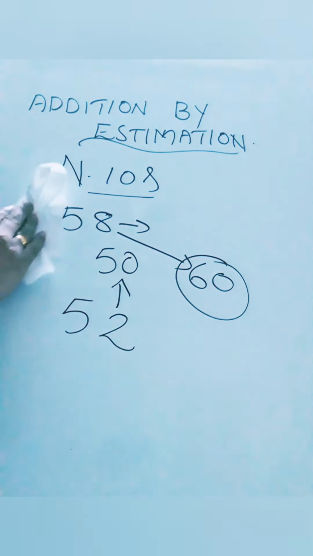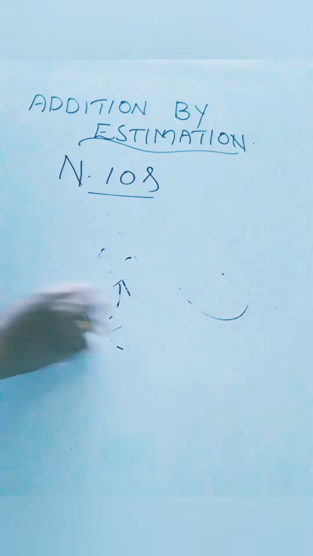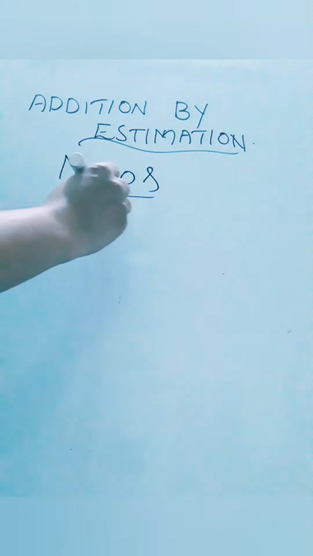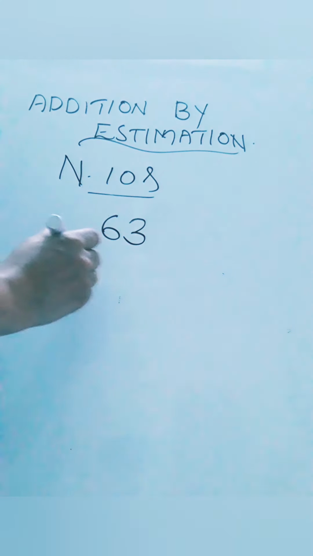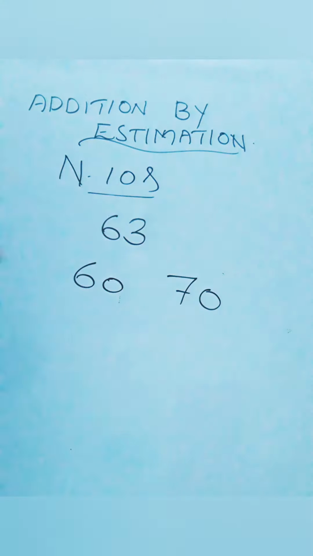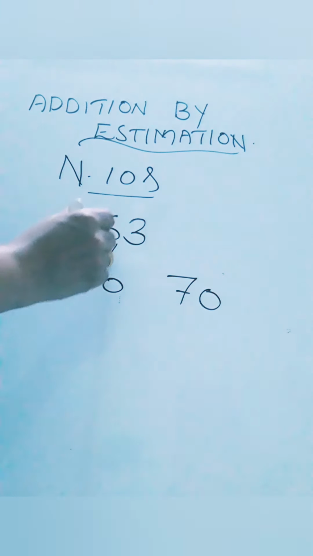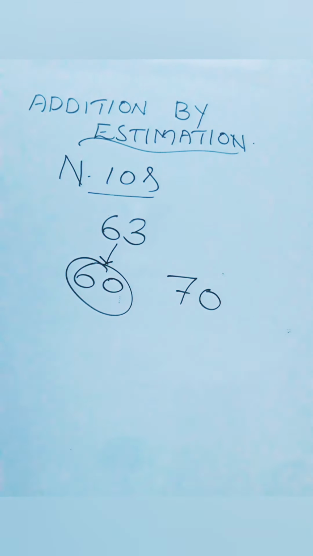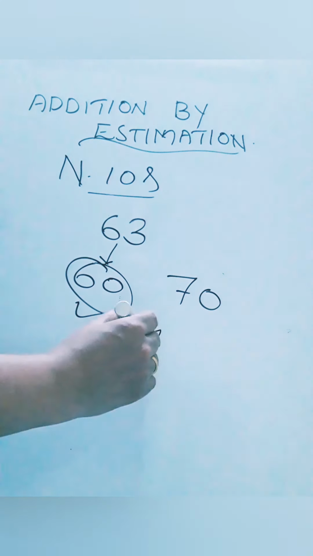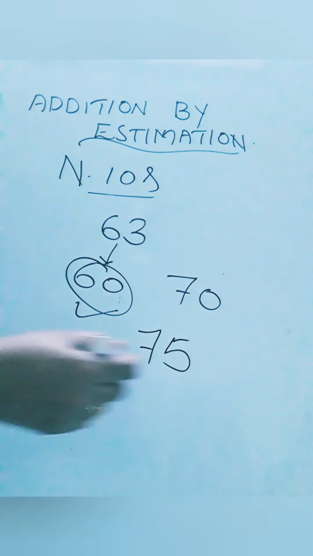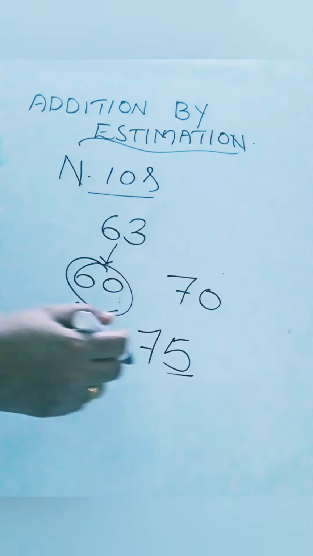Another example, 63. There are two possibilities, 60 and 70. 63 is lying between 60 and 70 and is very near to 60, so the answer is 60. Then you may have a doubt about a number like 75, where 5 comes at one's place.